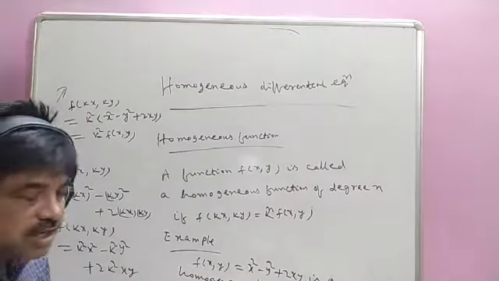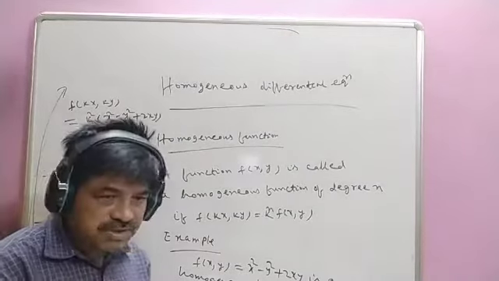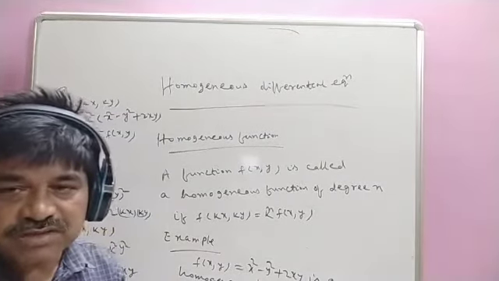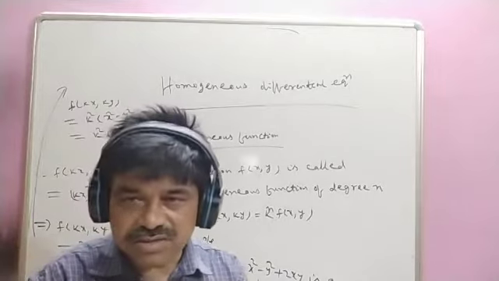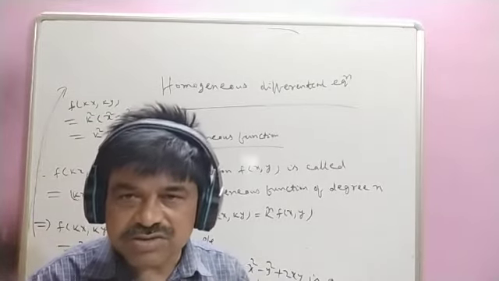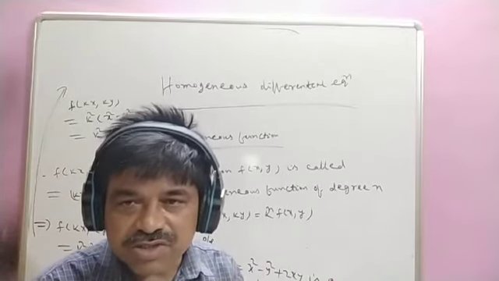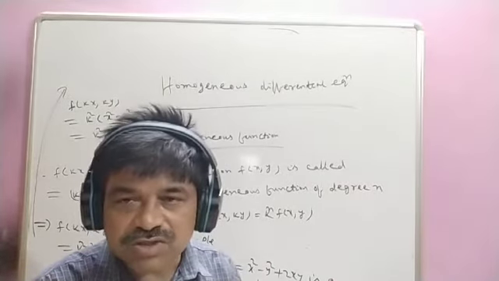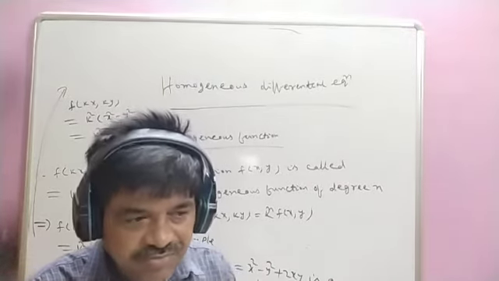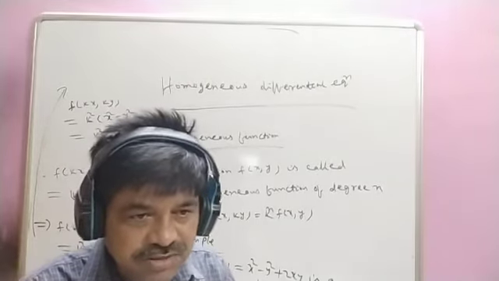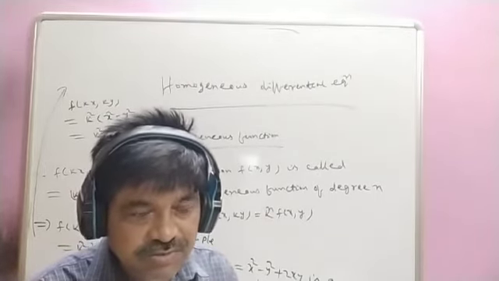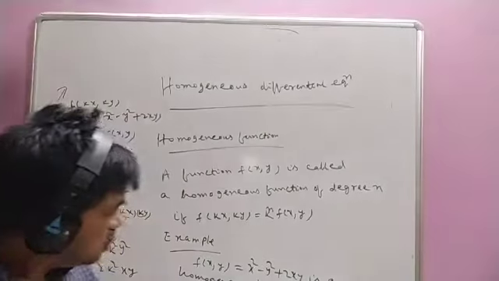Also, previously we discussed in determinants the test for homogeneous and non-homogeneous equations. At that time I discussed what a homogeneous expression is: if in each term the sum of the powers of the variables is the same, it is called a homogeneous expression, and that sum is called the degree.